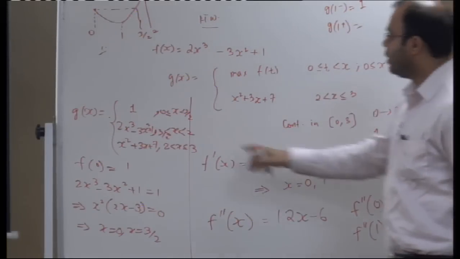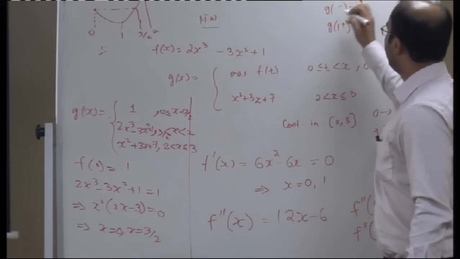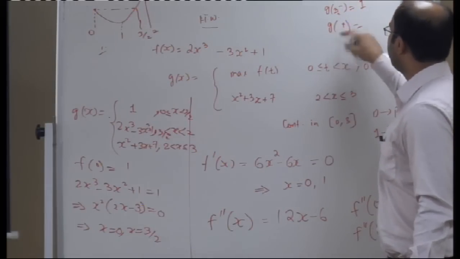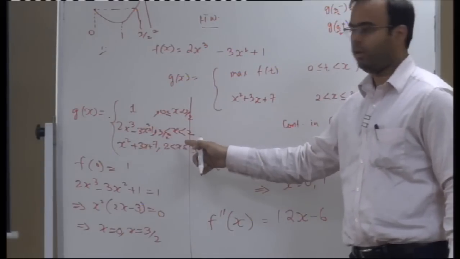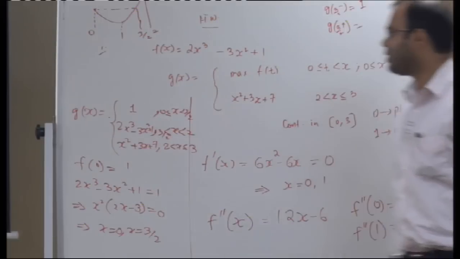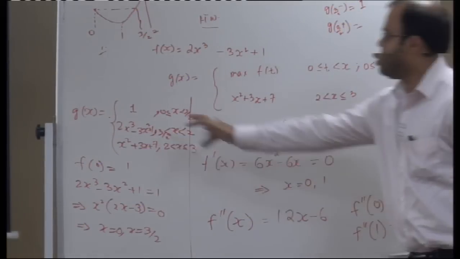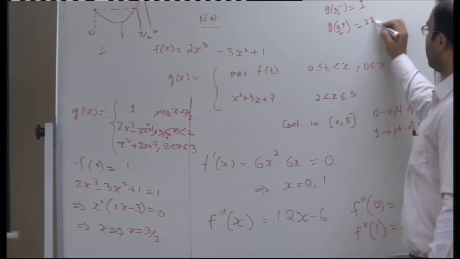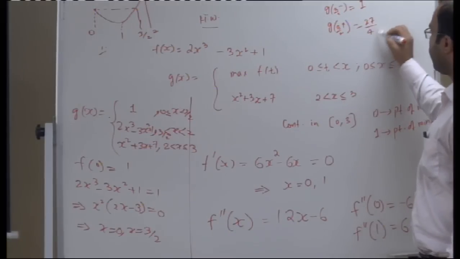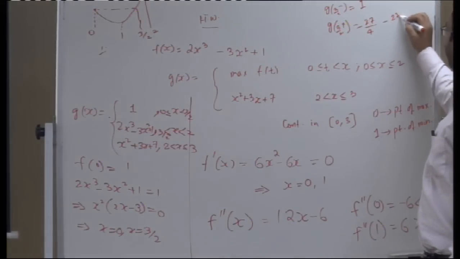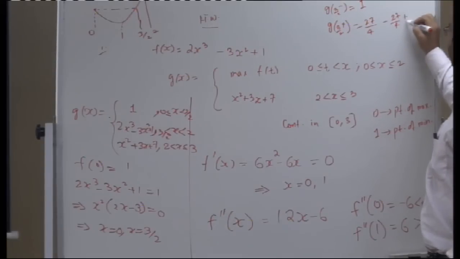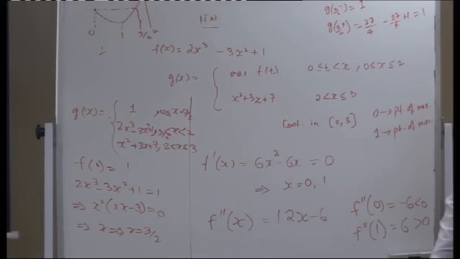So 3/2 minus is 1, and 3/2 plus you have to find out. If you put 3/2 in this function, which is 27/4 minus 27/4, again plus 1, that would become 1. So you say that it is continuous at 3/2.